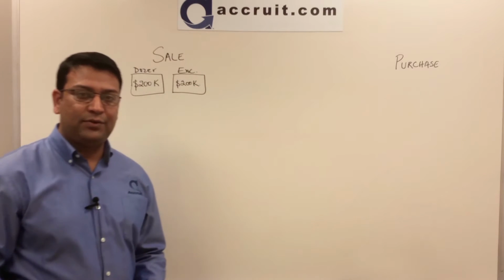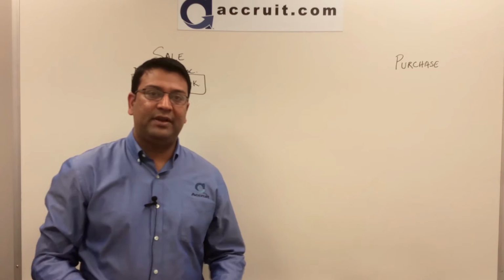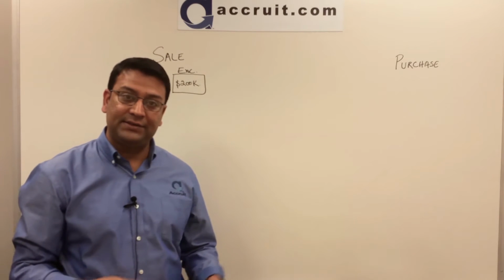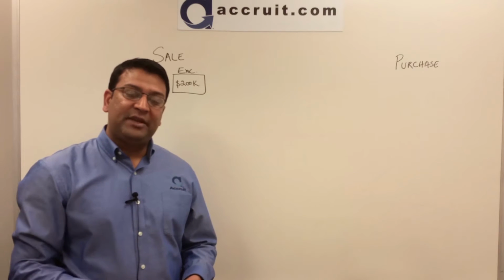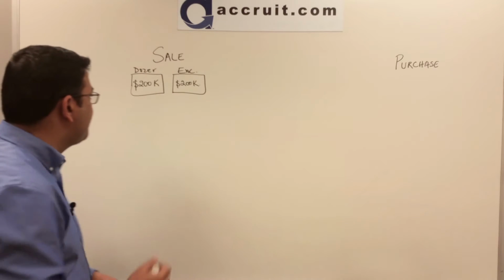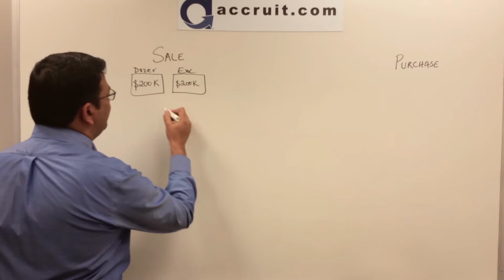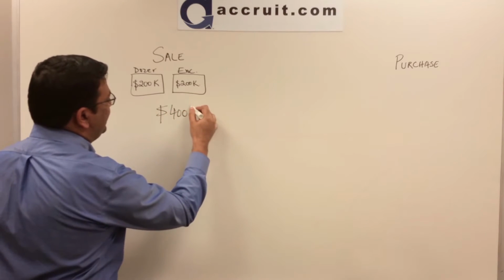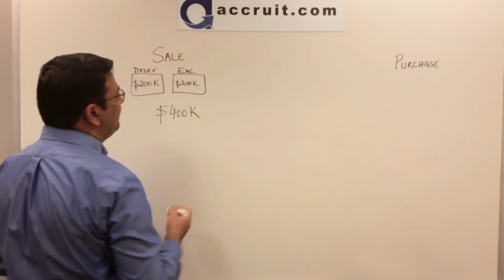Now, as a business owner, I have this great benefit to depreciate these assets right off the cost every year on my tax returns. So let's say I've depreciated these two assets fully over the years.